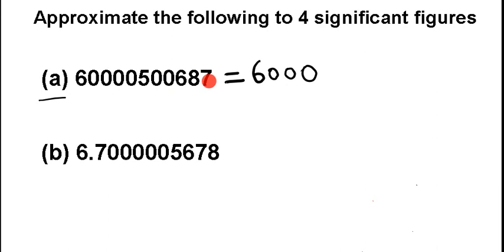You are doing that to make sure that you still retain the place value of this figure, because this figure here is in billion. So if you leave your answer as 6000, you have changed the place value of this original figure. The original figure is in billions. Now this is not in thousand, so it is wrong.